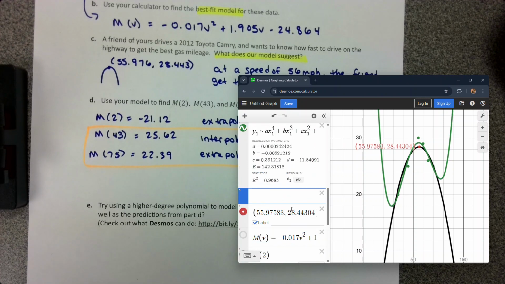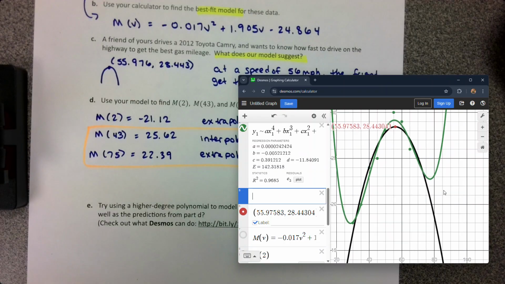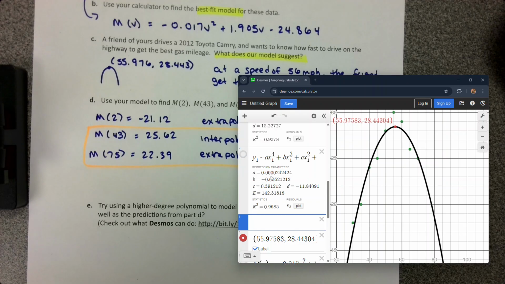It's not Euler's number. Once again, higher r squared, and once again, within the data, between the first data point and the last, the model is quadratic looking. The two additional turning points are outside the edges of the data, so it doesn't add any aid in terms of the data. So it's unnecessary to increase the degree.